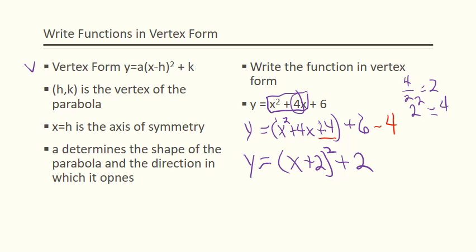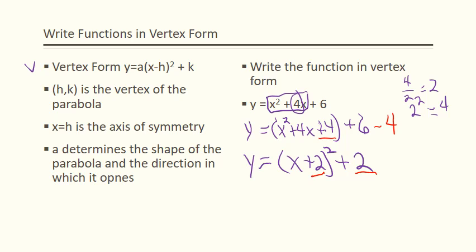So y equals x squared plus 4x plus 6, written in vertex form, becomes y equals (x plus 2) squared plus 2. Now, this 2 here is h, and this 2 here is k, and that's the vertex of the parabola. So when x is positive 2 and y is positive 2, that's the vertex.